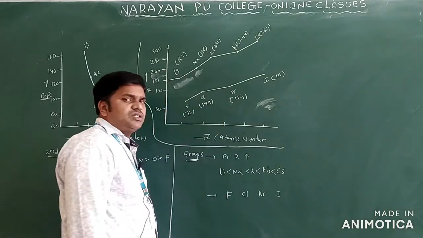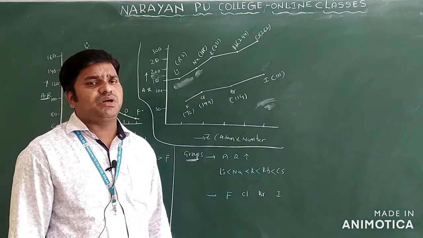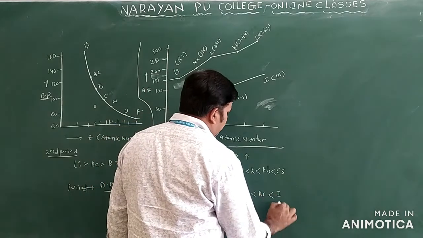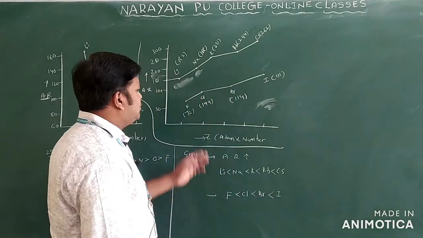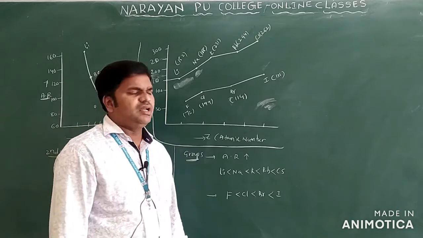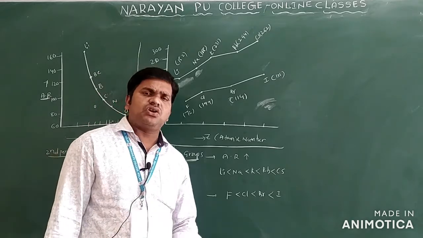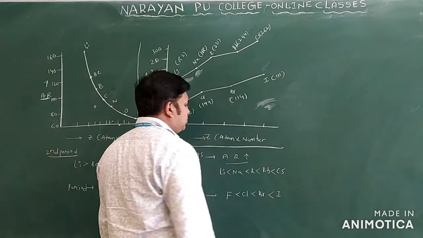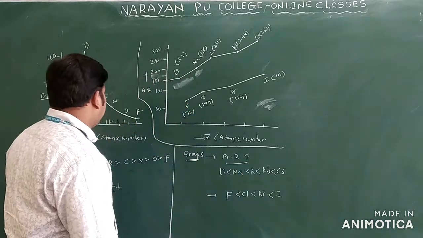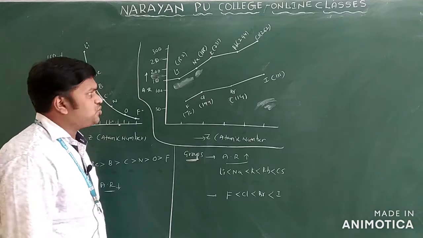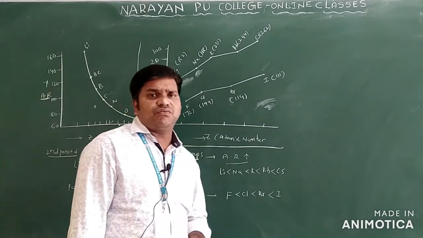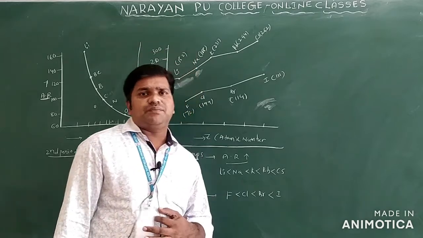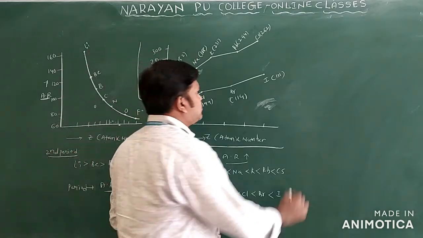Here also, from top to bottom, atomic radius increases. Fluorine is less than chlorine, chlorine less than bromine, and bromine less than iodine. Some values are given, or not given, but you can follow the same order. So group top to bottom, atomic radius increases; period left to right, atomic radius decreases. This is the representation of the elements of groups and periods in some graphs.